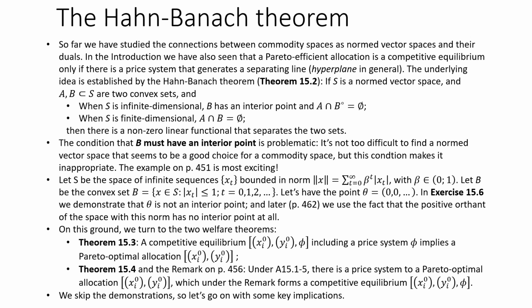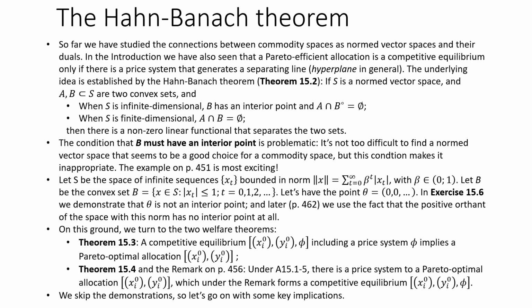This is a very simple idea which can be represented in a simple figure, but we can state the same idea in general in the Hahn-Banach theorem, which is theorem 15.2.